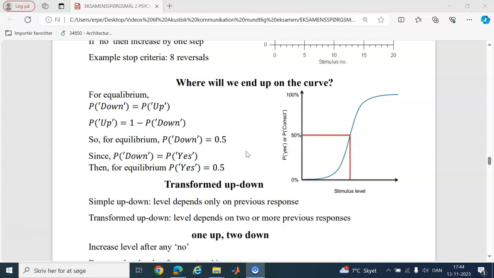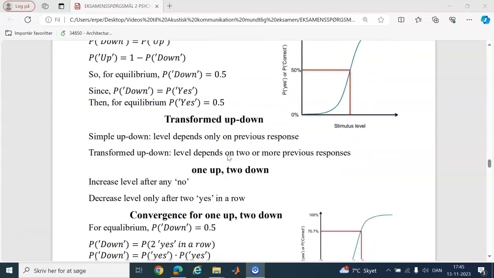So for equilibrium, P down is a half. Since P down is the same as P yes, we have for equilibrium P yes is 1/2, and P no is also 1/2.